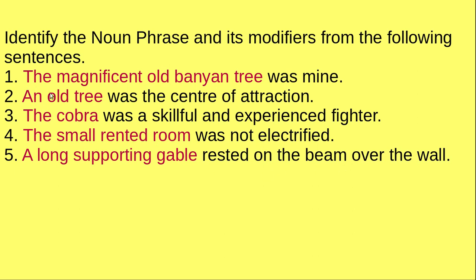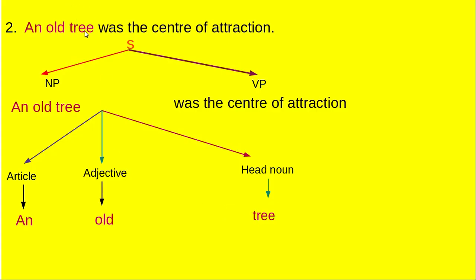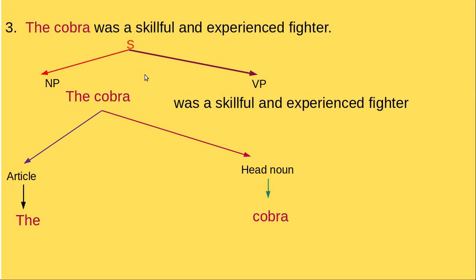Okay, dears, now let us analyze it. The magnificent old banyan tree: the is the article, magnificent is an adjective, old is also an adjective, and the head noun is tree. Next sentence, an old tree: an is the article, old is an adjective, and tree is the head noun. I think there is no confusion.